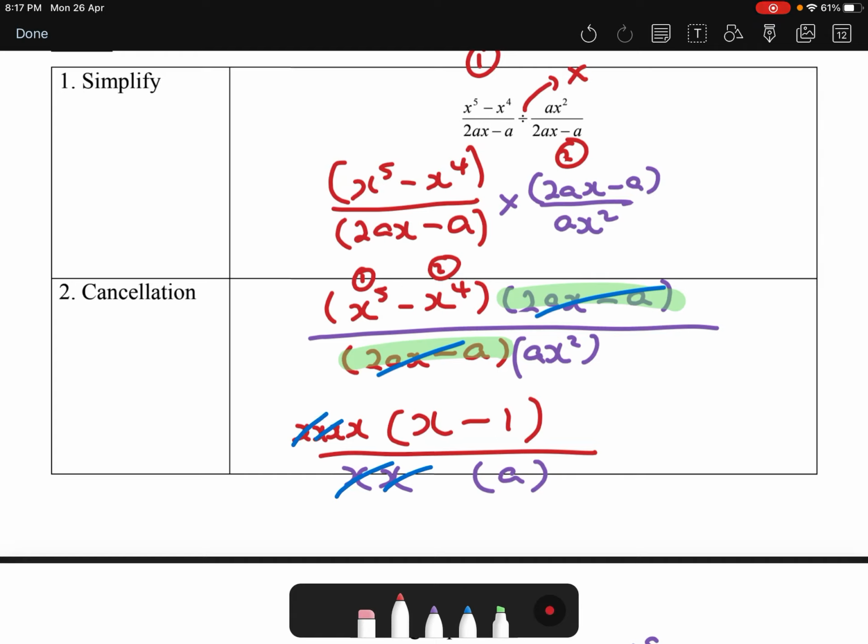Then of course I simplify, so x times x is x squared, times x minus 1, and at the bottom is just a. You can leave it in this form; you don't need to expand this out again. This is how you do your times and divide involving algebraic fractions.